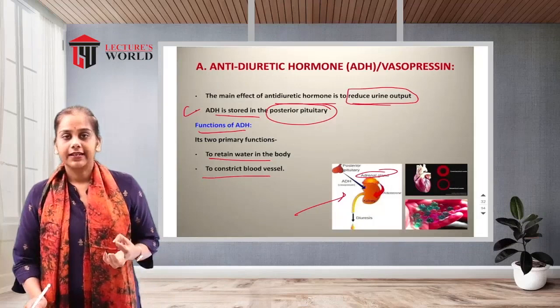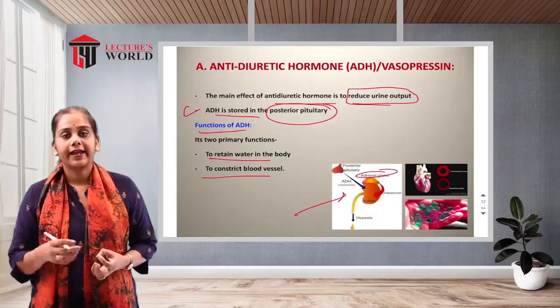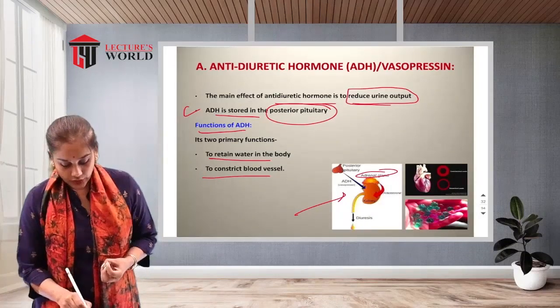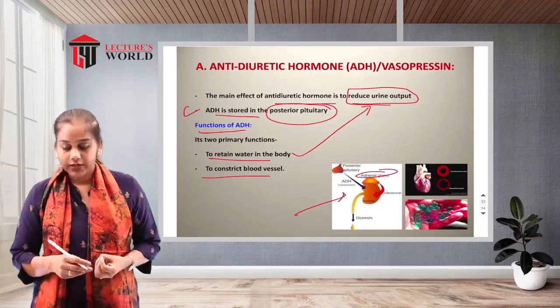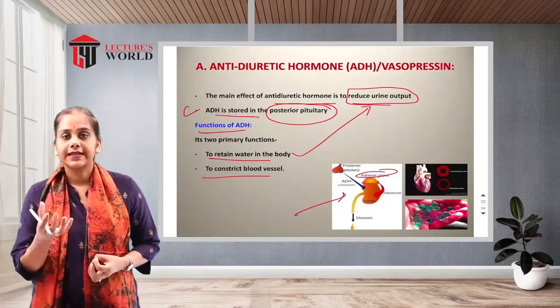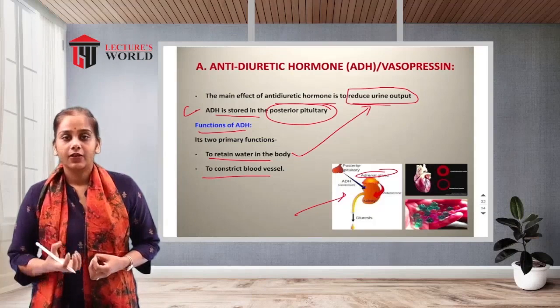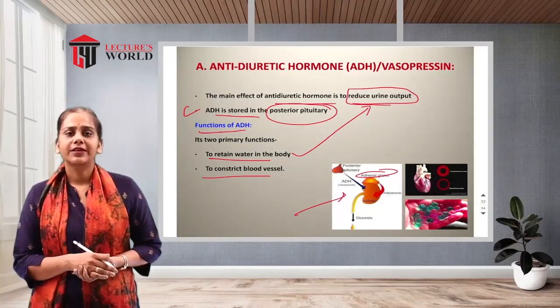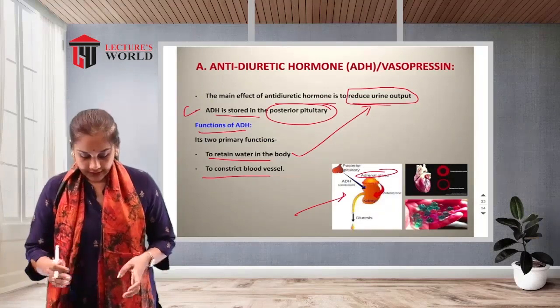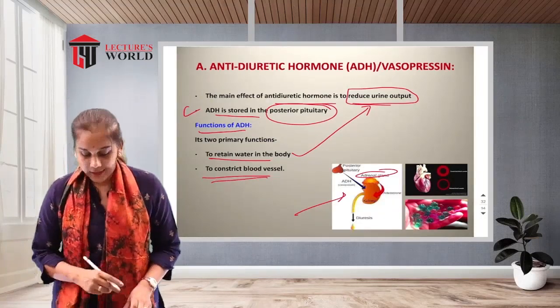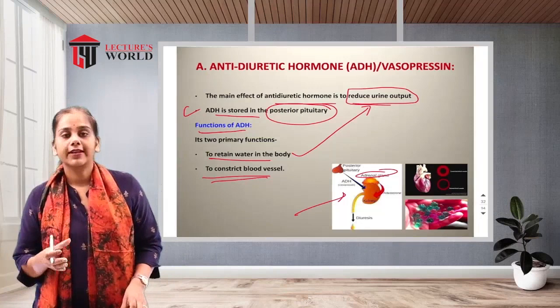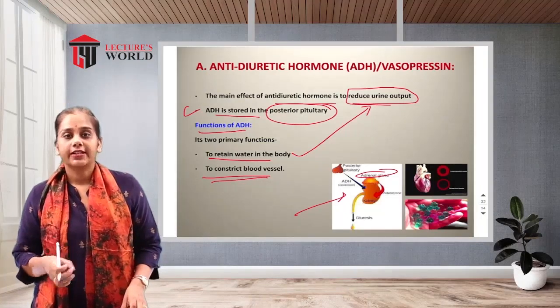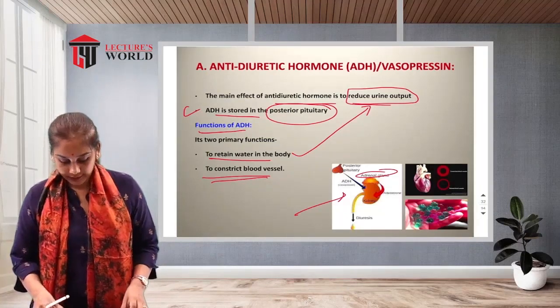They retain water in the body and also reduce urine output, because they are trying to retain water inside the body, so the urine output is reduced. Vice versa, they also produce constriction of the blood vessels.